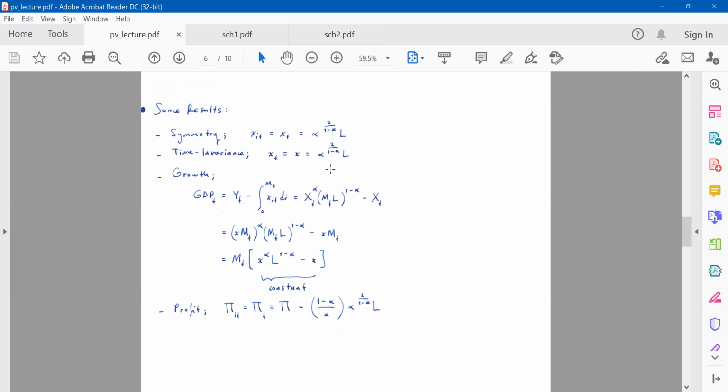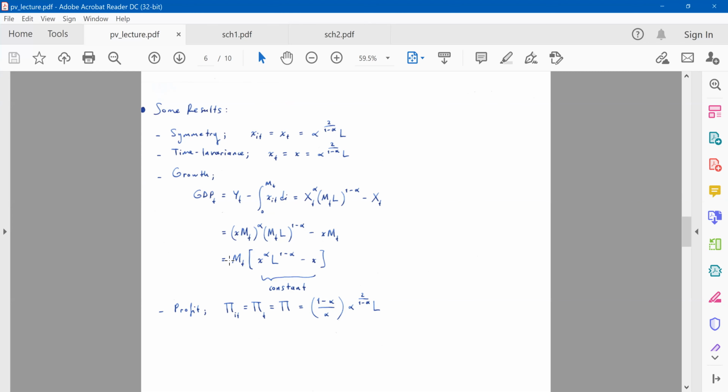Okay, now using the production function and the definition of GDP, if you put these back into these definitions and do the math, you realize that GDP can be expressed in this way, and this part is constant.